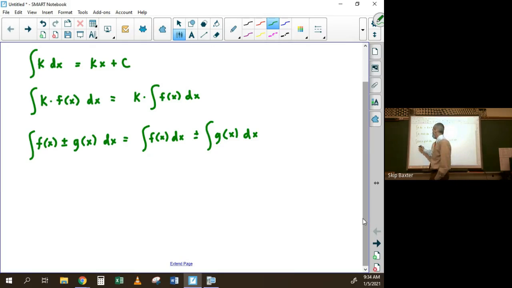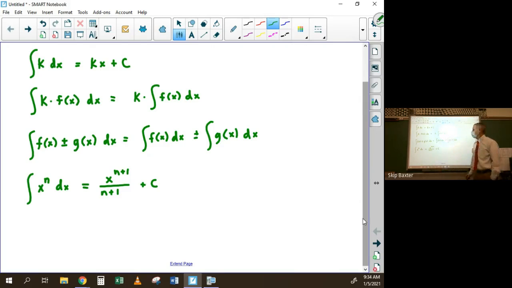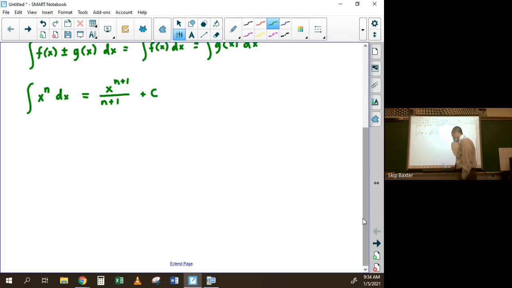So the final step of that is the power rule. If you have x to the n power, then its integral is x to the n plus 1 divided by n plus 1, plus c. So you should be able to integrate any polynomial or expression with radicals or negative exponents or whatever.